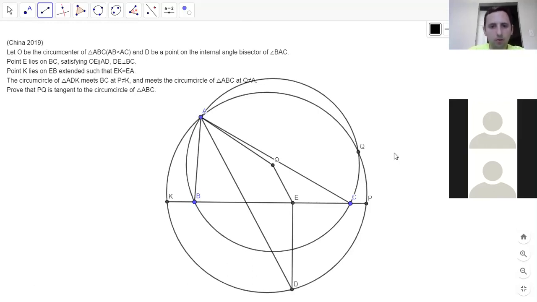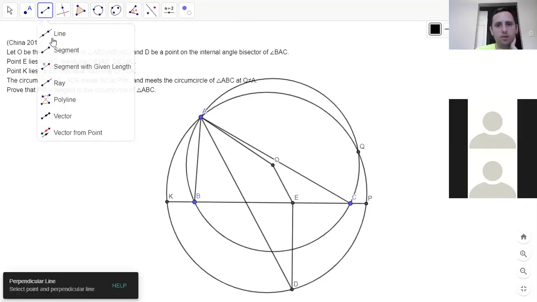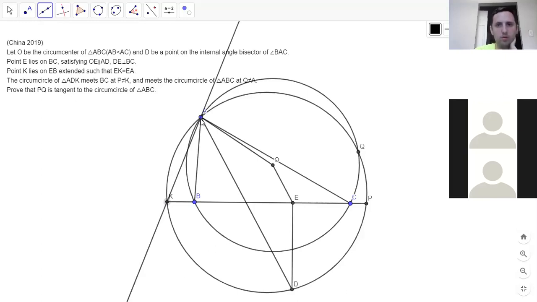All right, so yeah, the key is using that EK is equal to EA. So that gives us some information. So angle AKP is equal to angle KAE. I wonder if KA is also tangent. No.